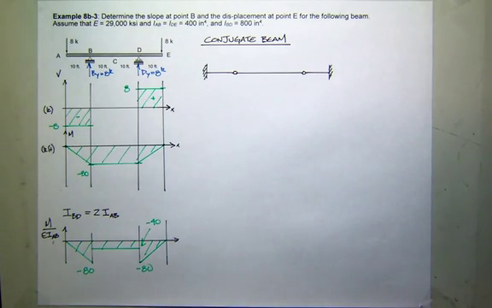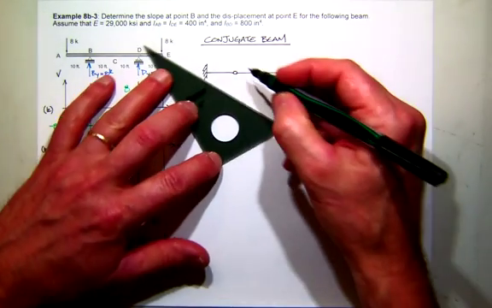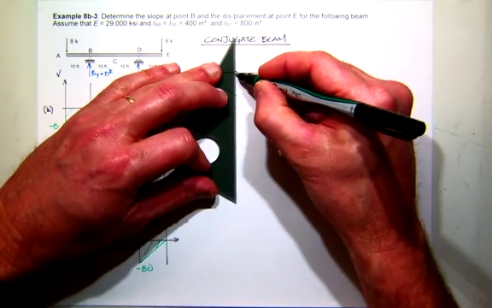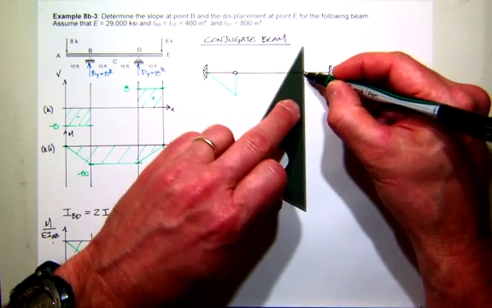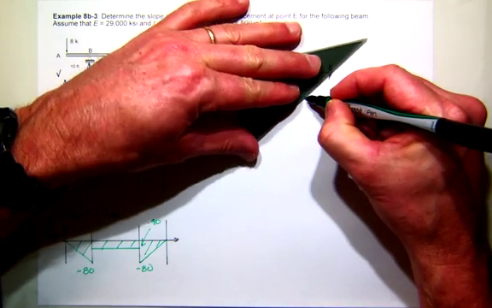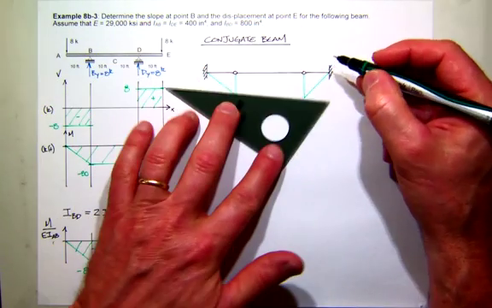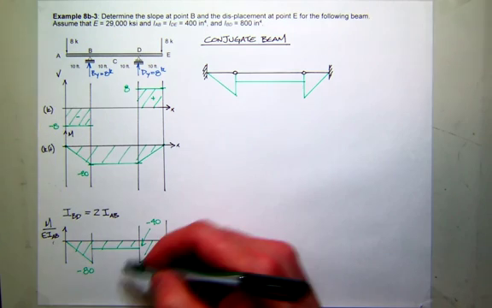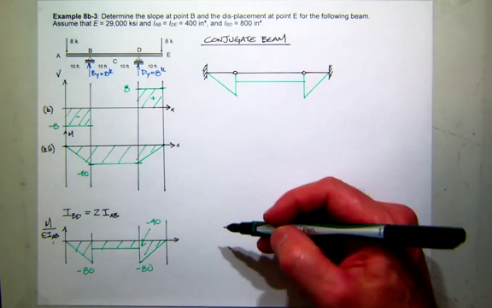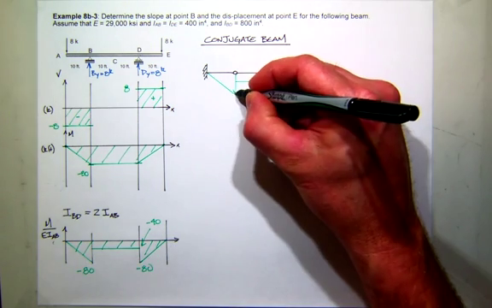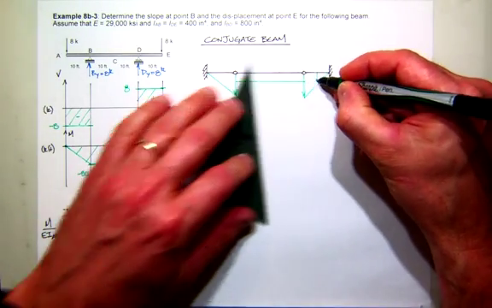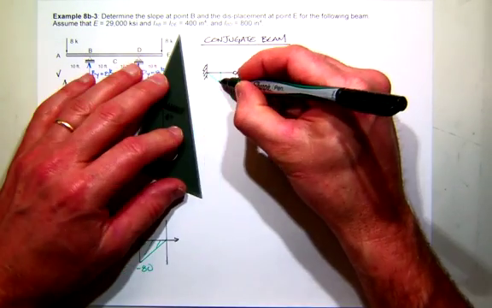So just like we did before, I'm going to first just simply transcribe it. Now in this case, this moment is all negative, and negative means the forces are down. So this is the problem that I would now have to work.